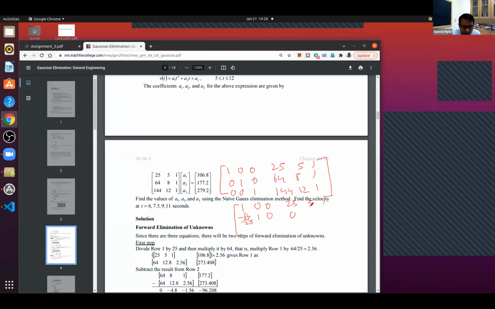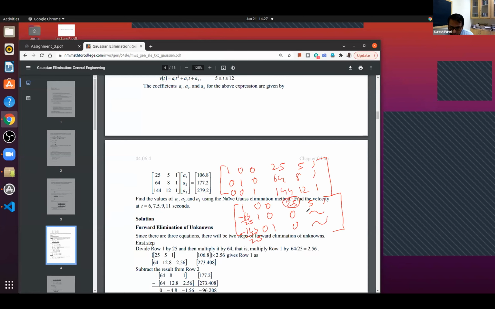This becomes 0 and this becomes some values. Similarly, when we multiply the first row with minus 144 divided by 25, this gets encoded here, and then this becomes 0, and we get this matrix. So the elements in the first column get zeroed out, and this is what is called a pivot element.